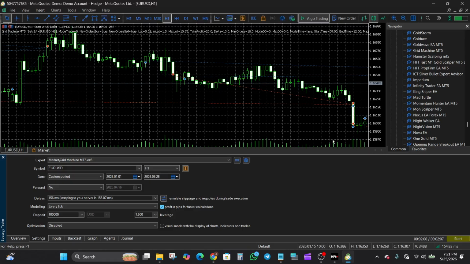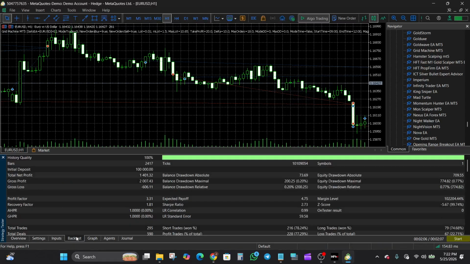Because grid systems can behave very differently depending on volatility and market structure. I would also recommend running extended testing yourself so you can get a clearer picture of how it performs across different conditions. Now, from a results perspective, this is strictly historical testing performance, okay? So it should be treated as a reference only. Real world performance can vary depending on broker execution, spread conditions, lot sizing, and overall market behavior.